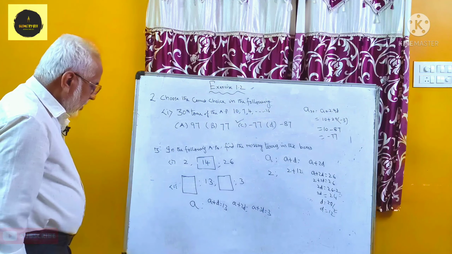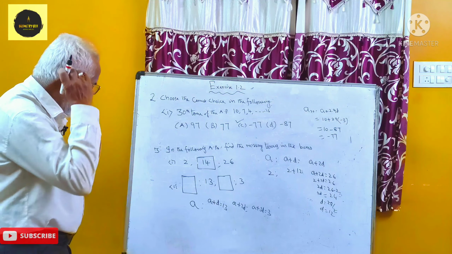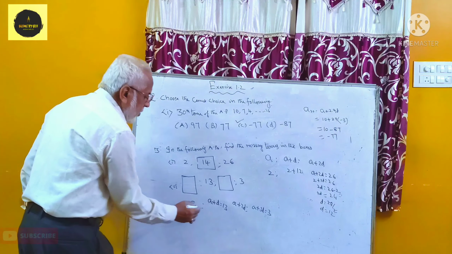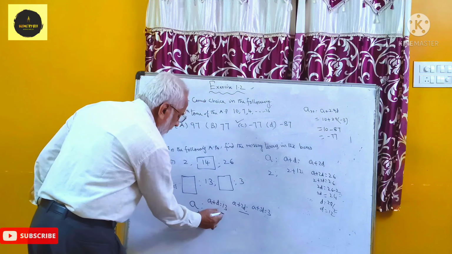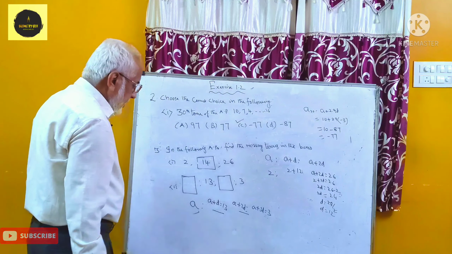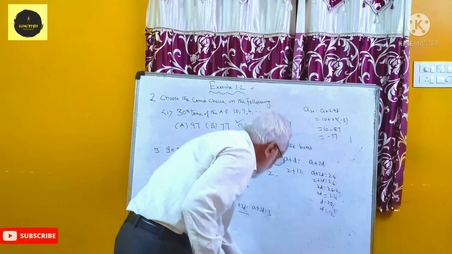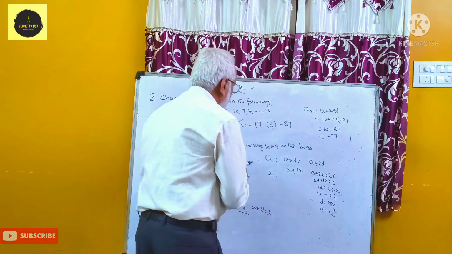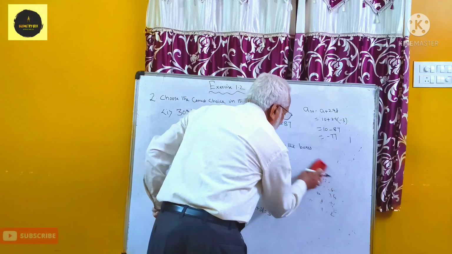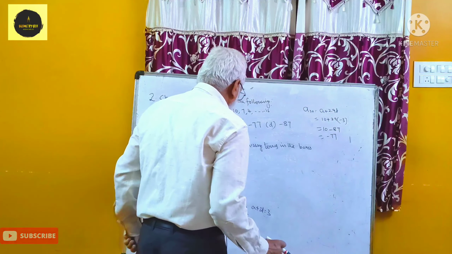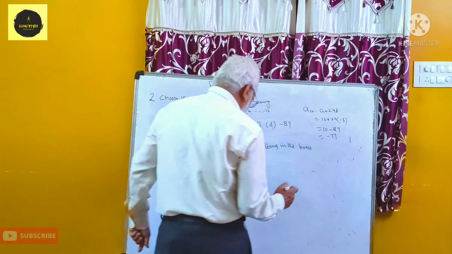Now what are you observing here? Here we do not know A, we do not know A plus 2D, but we know A plus D and A plus 3D. Write down the equations.